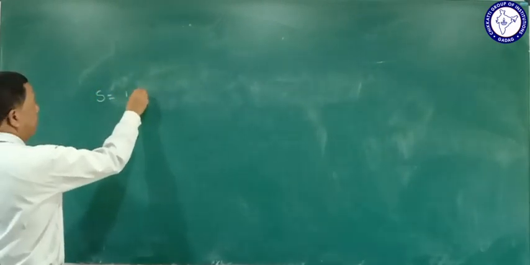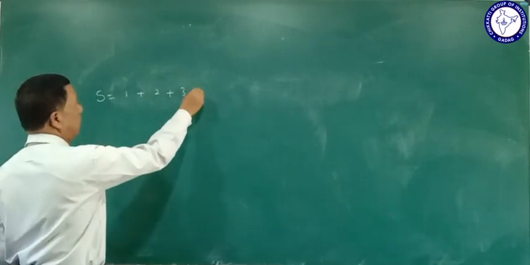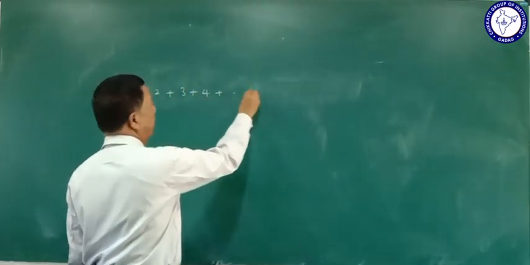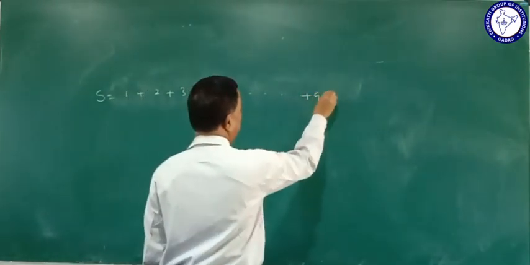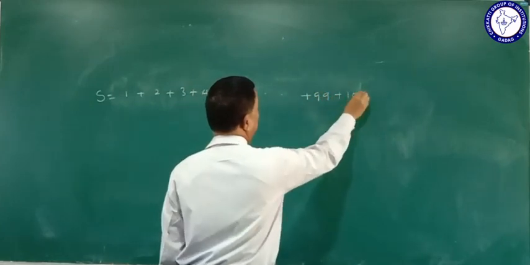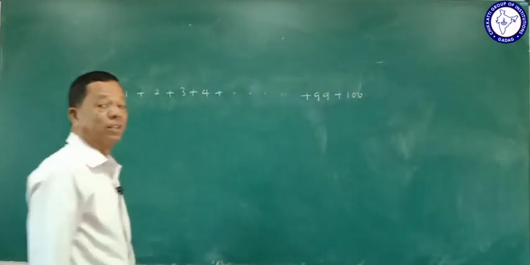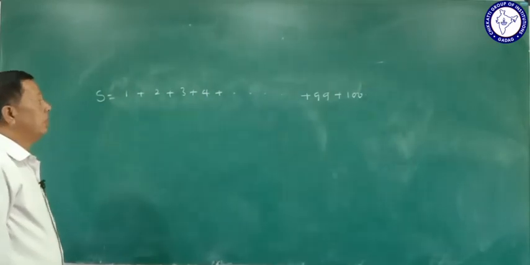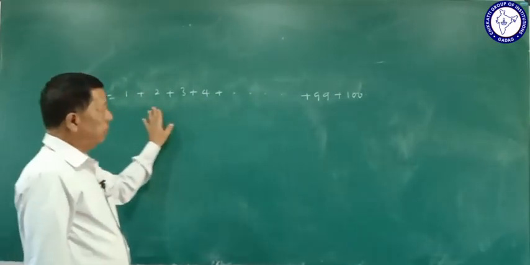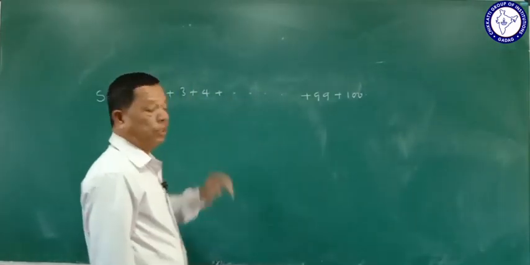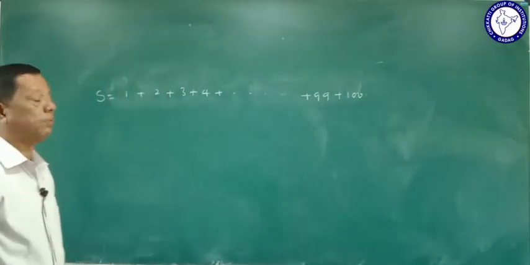First he wrote the sum: 1 plus 2 plus 3 plus 4, go on writing plus 99 plus 100. The question is, what is the sum of these positive integers?